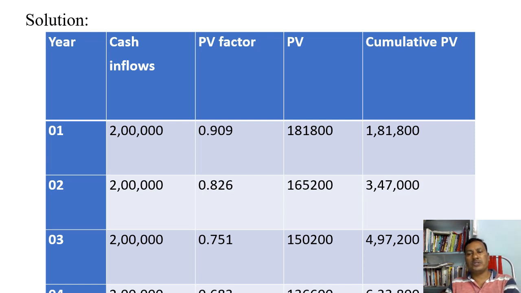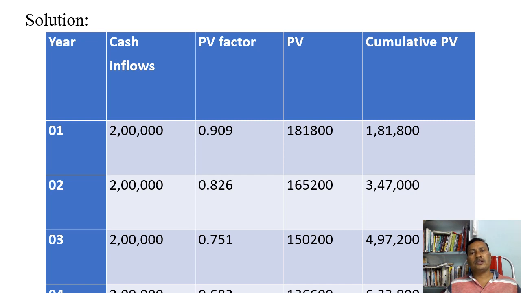Next, cumulative present value. The cash inflow for the first, second, third, fourth and fifth year is the same, that is 2 lakh. The PV factor is given in the question. Students, I may advise you to just remember this PV factor at 10%. It is almost the same, copied from the table: 0.909, 0.826, 0.751, and so on.